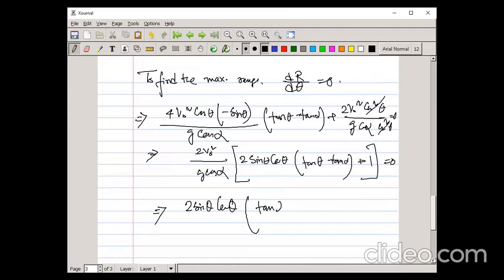Okay. Here, actually, you can see one minus term is there, na? So we can put this minus term here. If we just put that value inside, then we get this is minus tan theta and this is plus tan alpha.